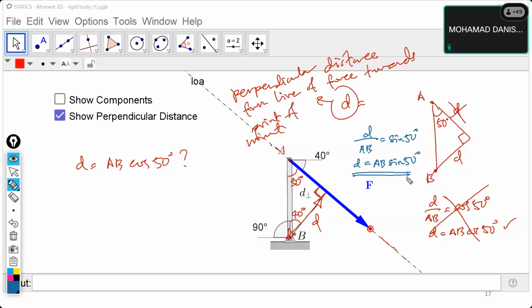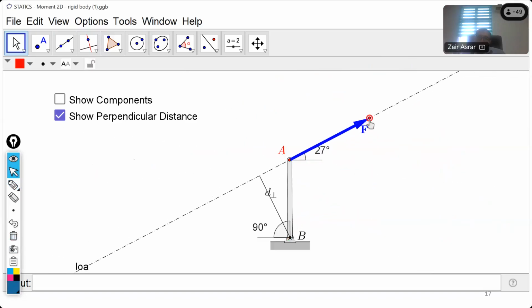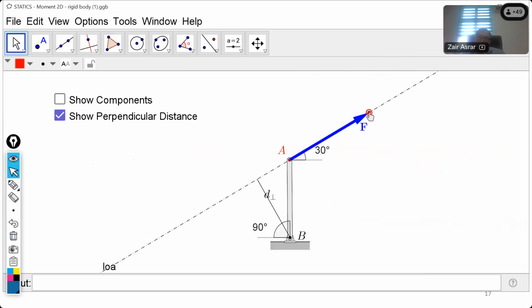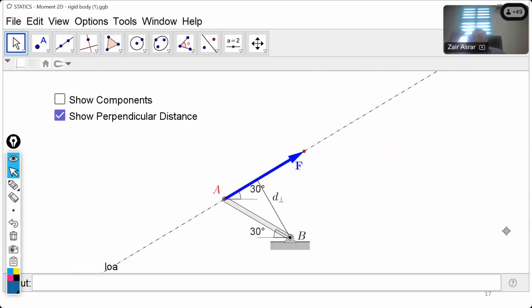Yes, sir. Okay. Now let me change this a bit to have more fun with all of you. Let's say it is 30 degrees, and move it here. So what is the expression for our D?